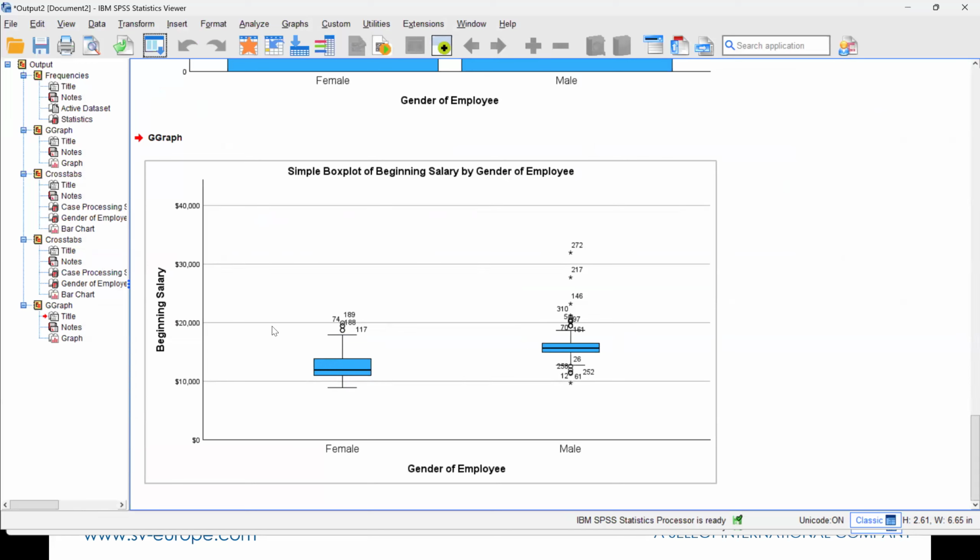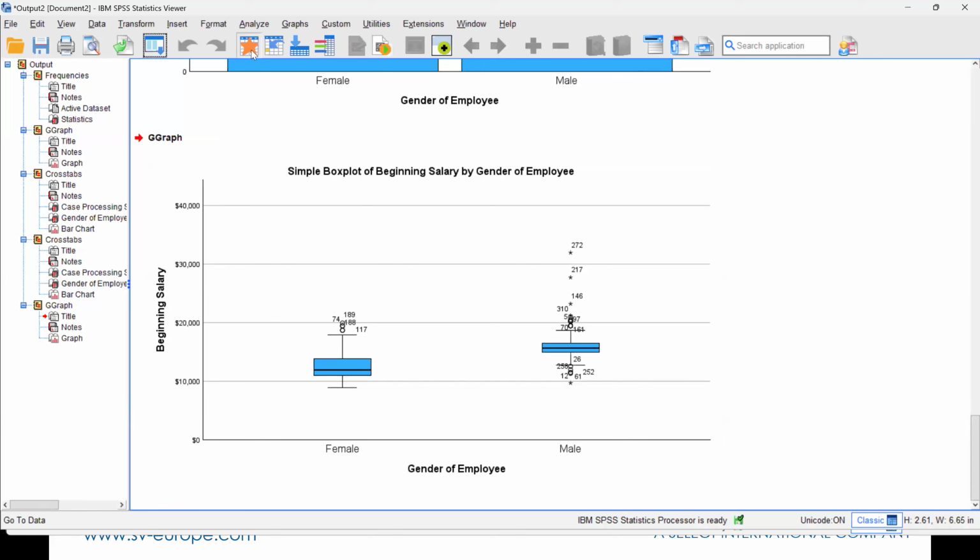They're still shifted higher than the female group. We can definitely see that the median value, which is this middle 50th percentile here, the median salary for the males is still higher than the median salary for the females. But we've managed to zero in now on the group that we're interested in, which is the clerical workers.